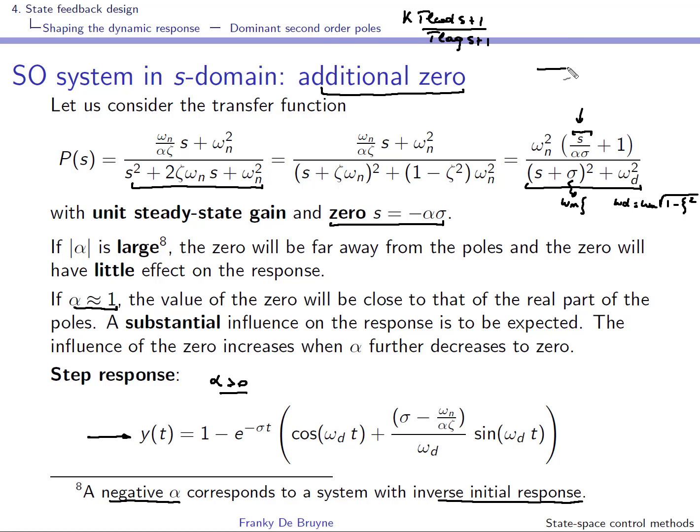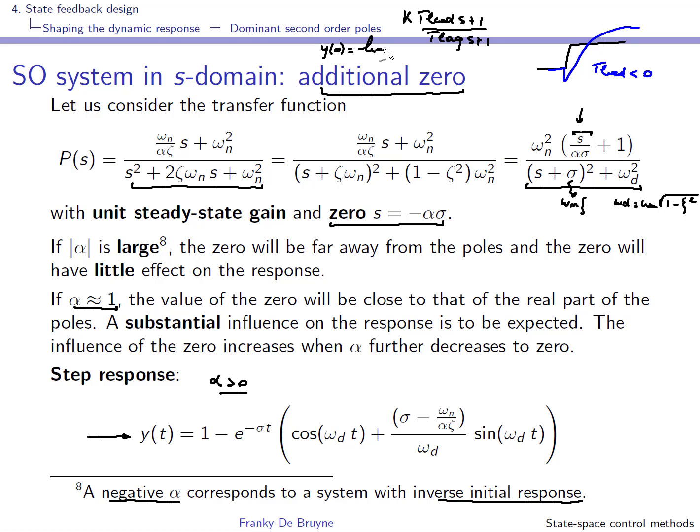If you look at the step response, it will look like this, at least if the lead is negative. So you could compute the step response, but what we'll do is use the initial value theorem to compute y of 0 in the case of a step response.